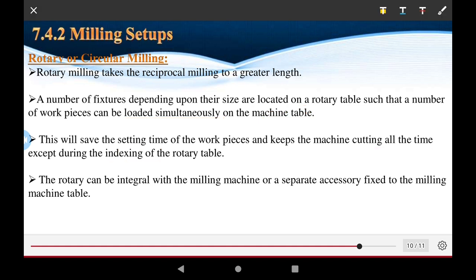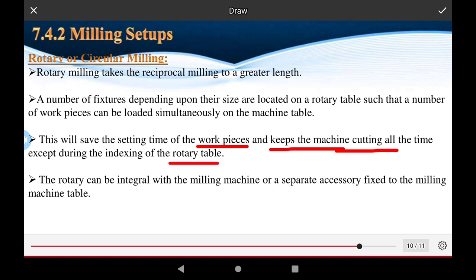Suppose that some of the rotary tables also rotate for the duration of the work performed by the machines. During the indexing of the rotary table the machine is also used and keeps cutting all the time.